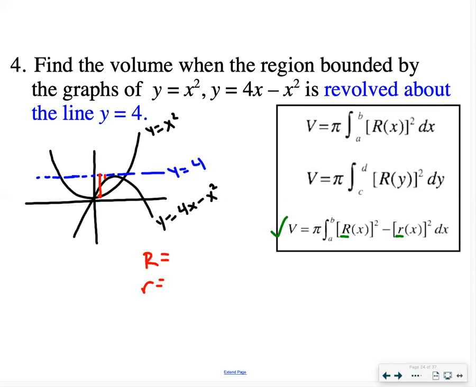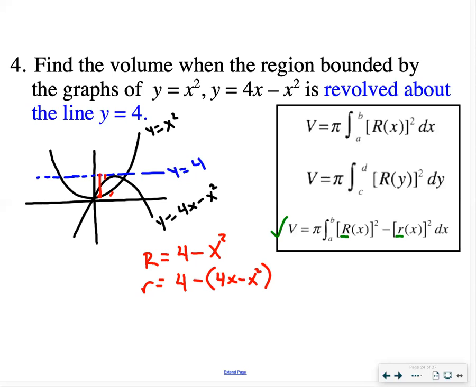To get this distance, you basically want to subtract. You'd want to say 4 minus whatever that value is. So your big R would be 4 minus x squared. 4 minus x squared would give me this distance right here, that big R. Now little r would be 4 minus, now I'd have to subtract out this, so 4 minus 4x minus x squared.